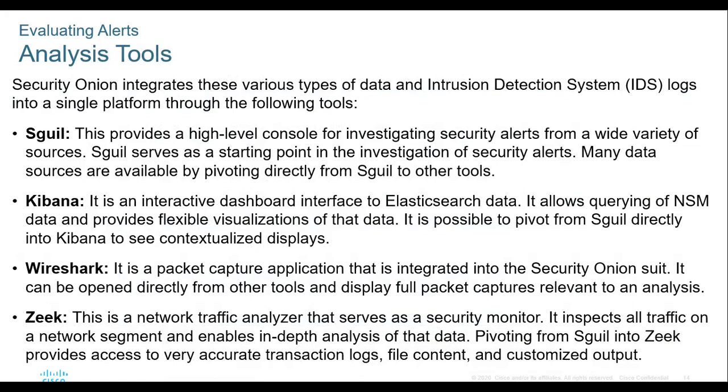This provides a high-level console for investigating security alerts from a wide variety of sources. So sources can be those sensors that I've mentioned earlier. So Squil serves as a starting point in the investigation of security alerts. Many data sources are available by pivoting directly from Squil to other tools. It means you should be able to gain access to the information of Squil from other tools that you use.